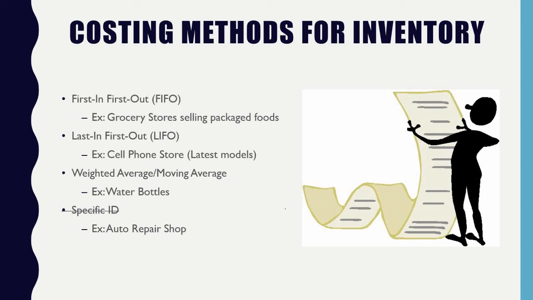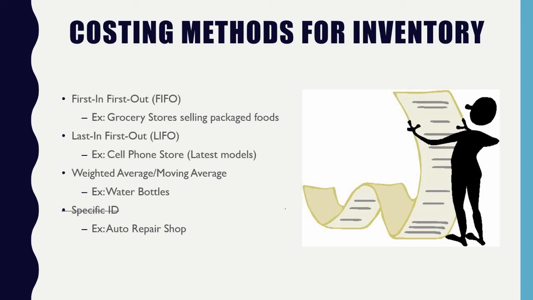So for instance, we have three costing methods that we're going to be learning in this class, just because the last method doesn't necessarily have to apply to us in terms of whether it's a common costing method that we would normally use.